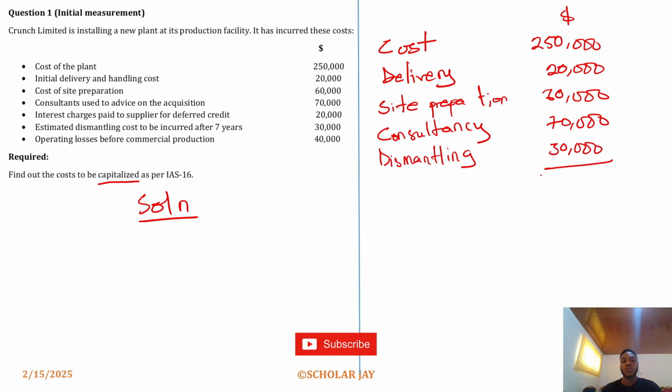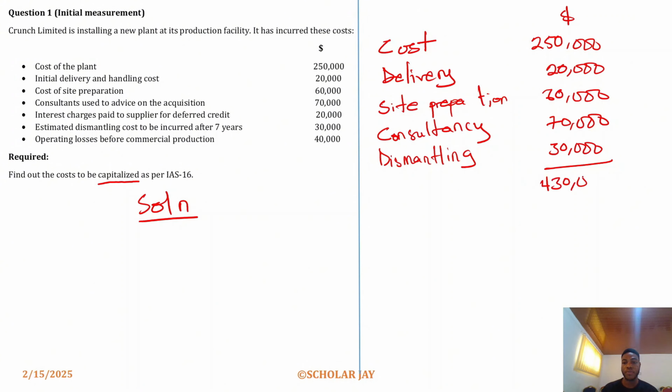Is that not it? So let's do the addition. 250 plus 20 plus 60 plus 70 plus 30. So that gives us 430, right?